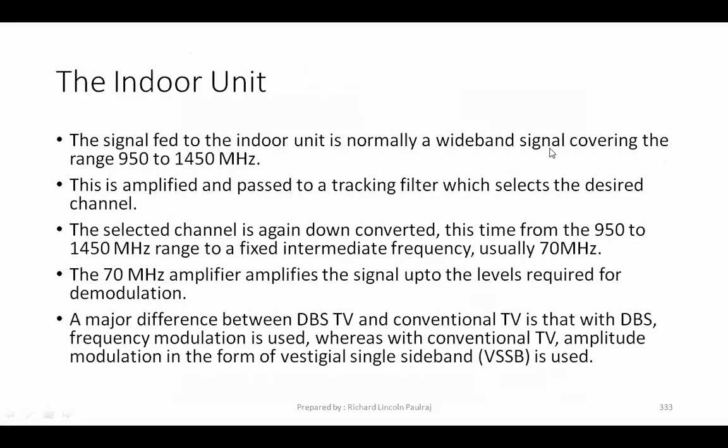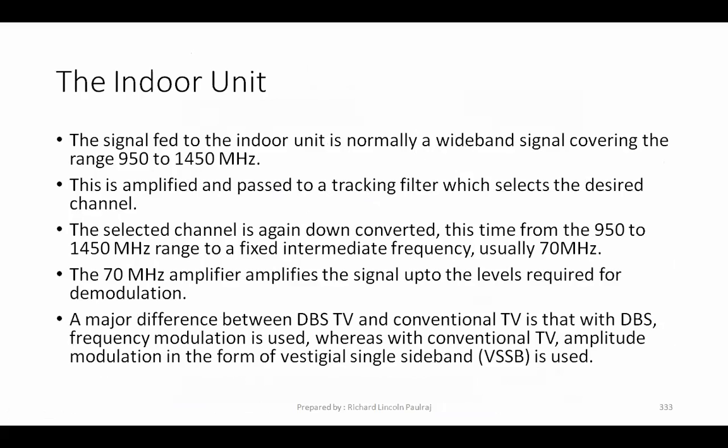Okay. So this is amplified and passed through the tracking filter which selects the desired channel. So the signal that we have here, which is about 950 to 1450 megahertz, will be passed to another filter, and that is called the tracking filter.